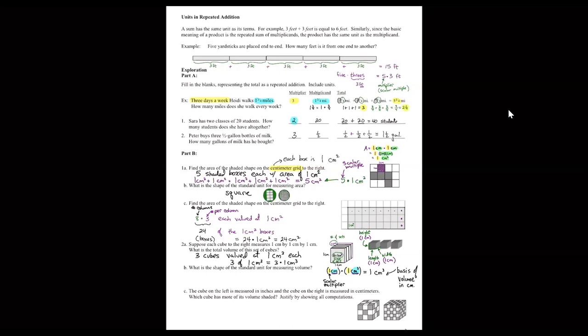Or you could do addition if you want, the multiple additions. And we get 3 cubic centimeters. All right. So the shape of a standard unit for measuring volume would be a cube.